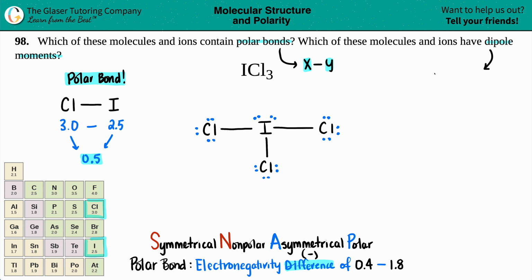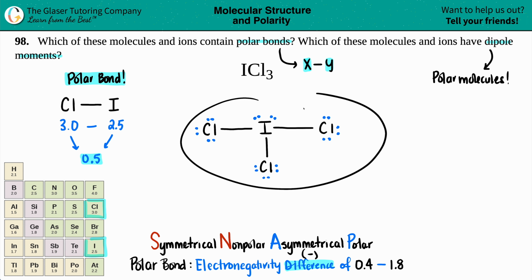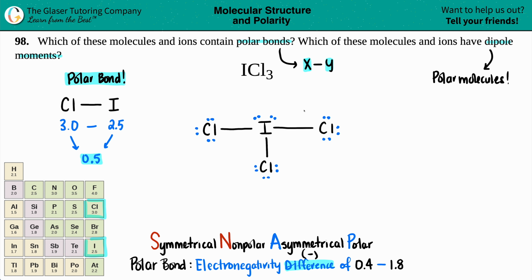Dipole moments only exist in polar molecules. So the first thing is we just have to find out, is this polar? If the whole molecule is polar, it's got a dipole moment. So this is where SNAP comes into play, S-N-A-P. If you are fully symmetrical, you're nonpolar. You have no dipole moment. But if you are asymmetrical, you are polar.